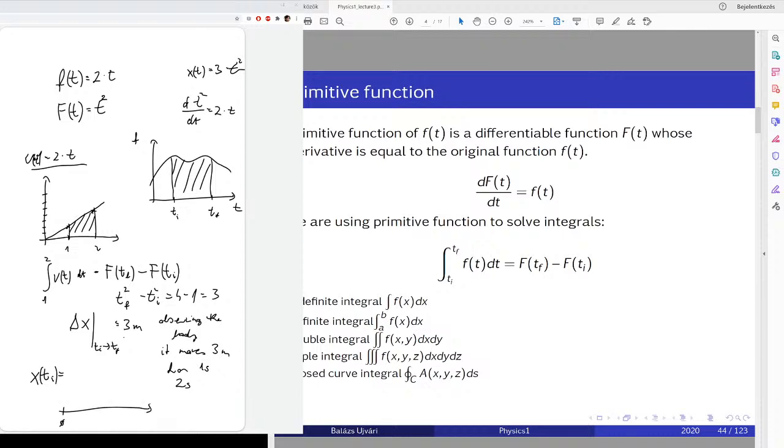And if I know at t equal 1 second, I'm here, for example at 2 meters, I can calculate at t final, which is 2 seconds, I'm at 5 meters, because the delta x is the integral. So with an integral, I always check the boundary condition.